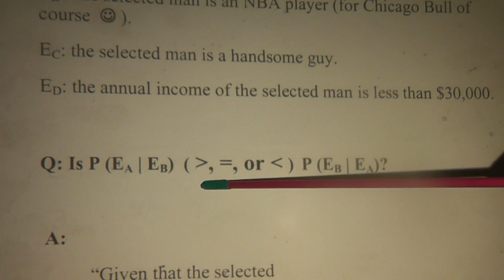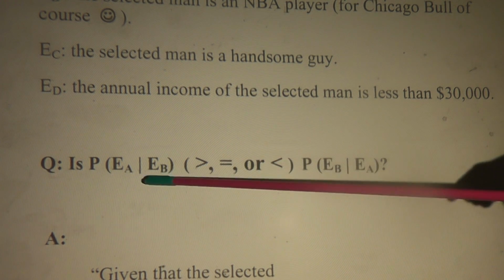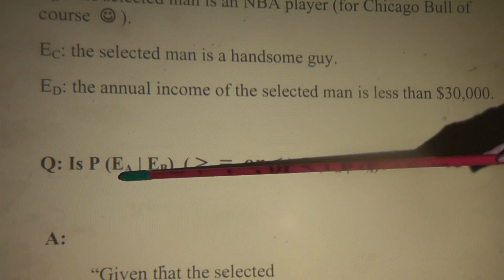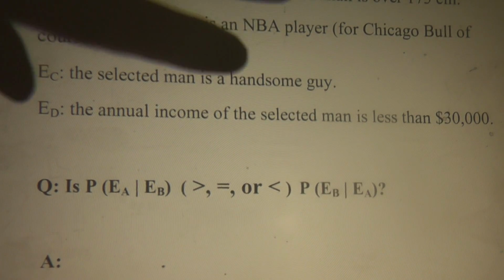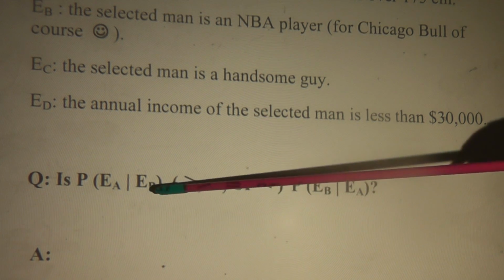Which one is bigger? Greater, equal, or less than? To make the comparison, we need to know the meaning of the notation first. And how are we going to read the notation? This is the opportunity we can familiarize ourselves with our new notation.